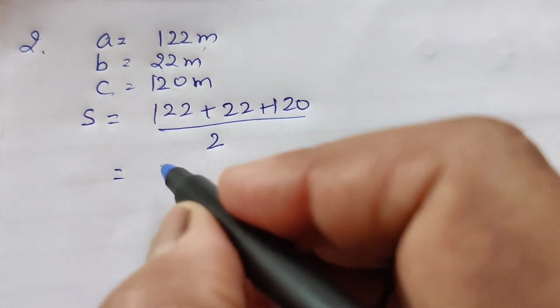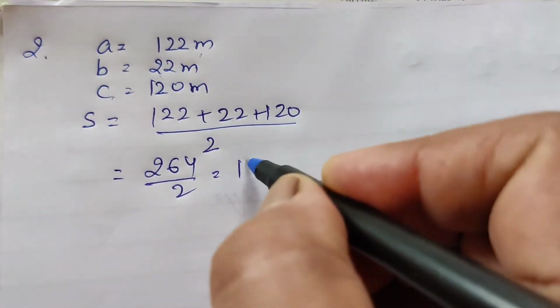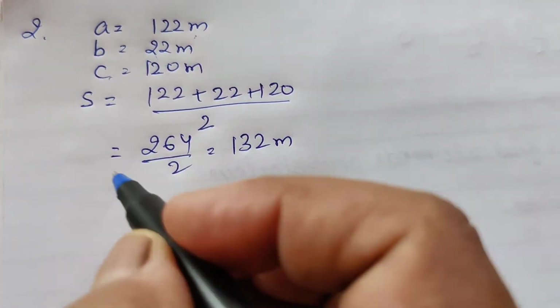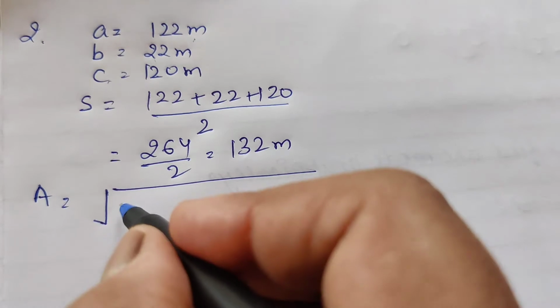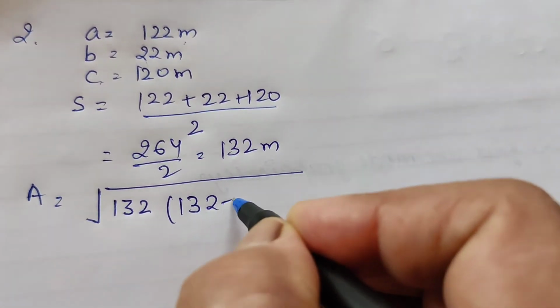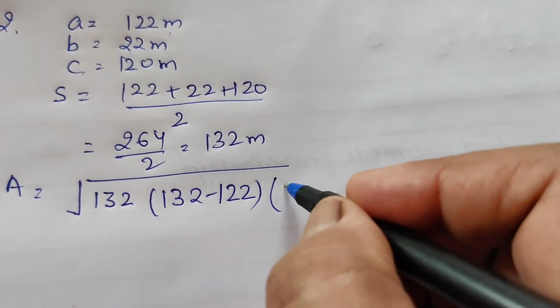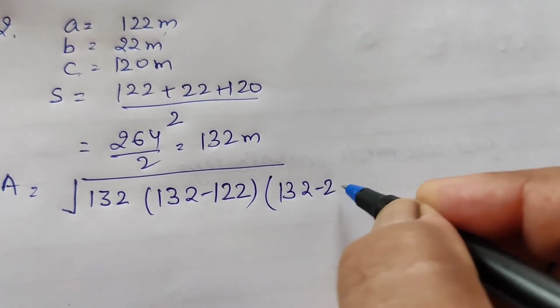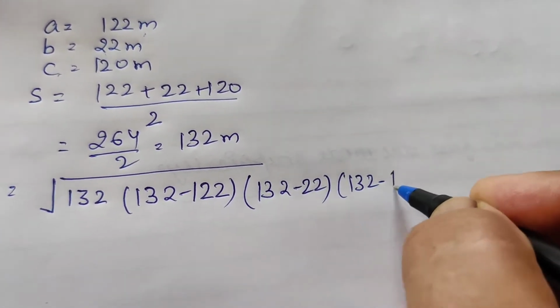It means 264 by 2, 132 meter. Now using the formula, area equals under root S, S equal to 132, S minus A means 132 minus 122, S minus B and S minus C.